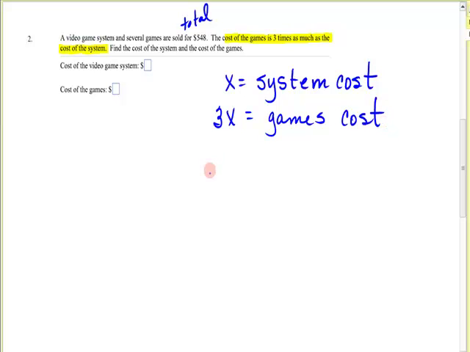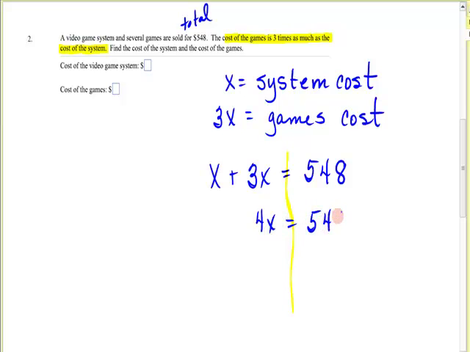All right, total: x plus 3x is 548. I'm going to simplify on the left. That'll give me 4x is 548. I might grab my calculator. Dividing by 4, x is 137. That is x, and I look up here and I see that's the system cost.